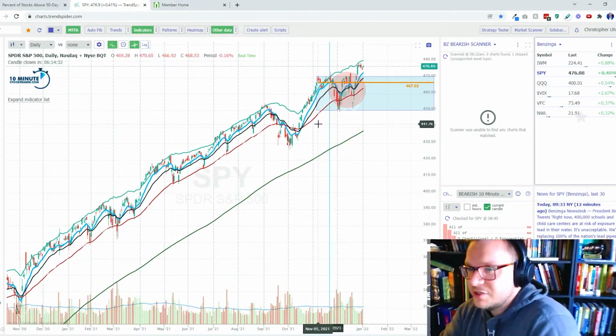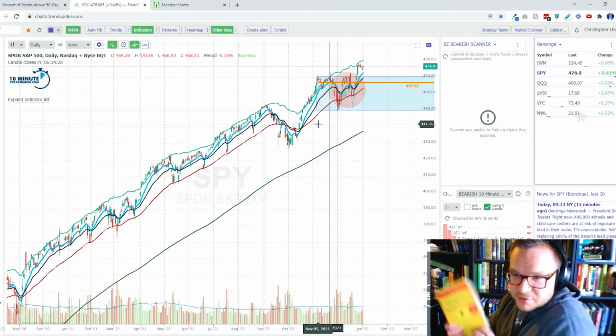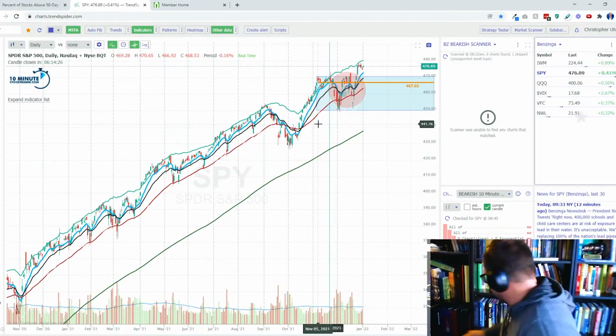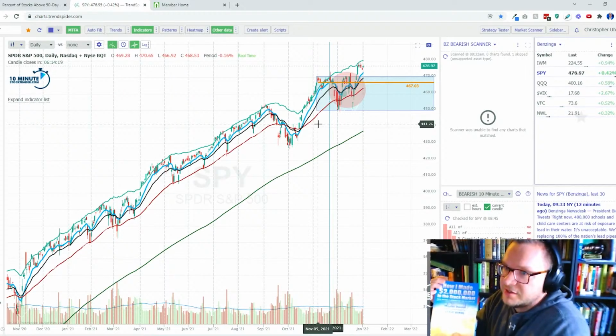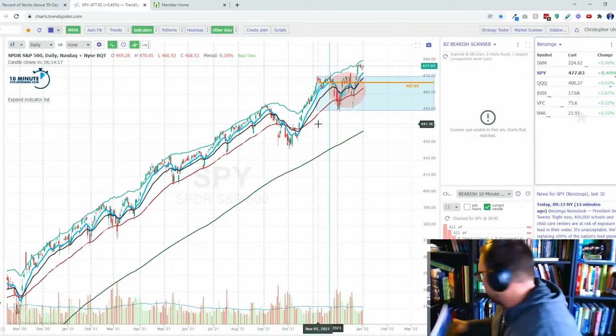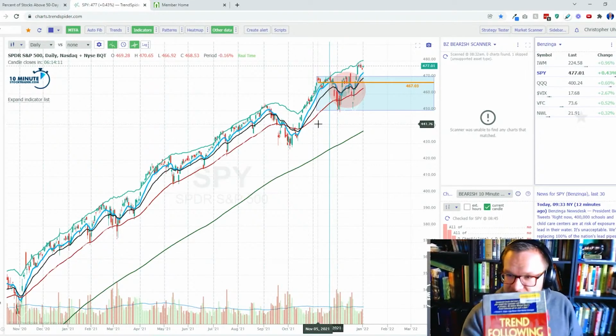I would super recommend you pick up a few books. One of them is what I was talking about earlier, The Complete Turtle Trader. That's an amazing book. This one, How I Made $2 Million in the Stock Market. Fantastic book. This one really changed my mind. And then Trend Following.